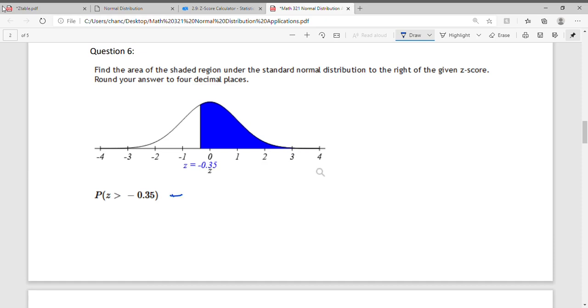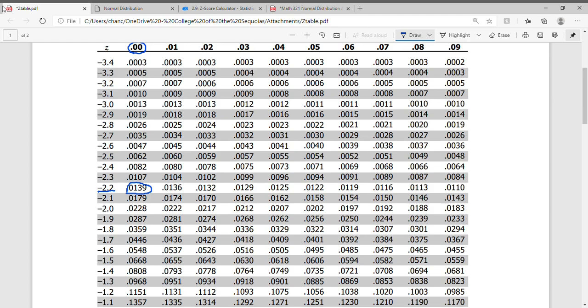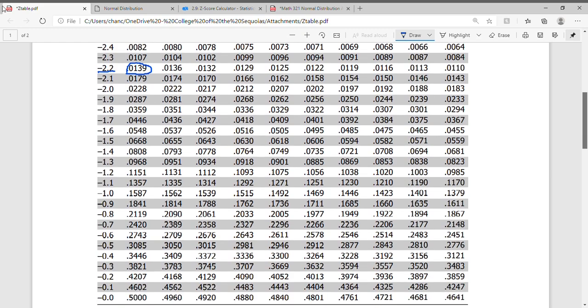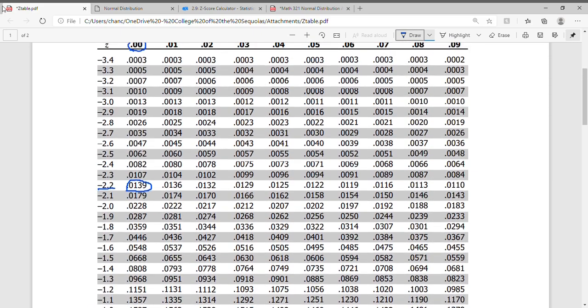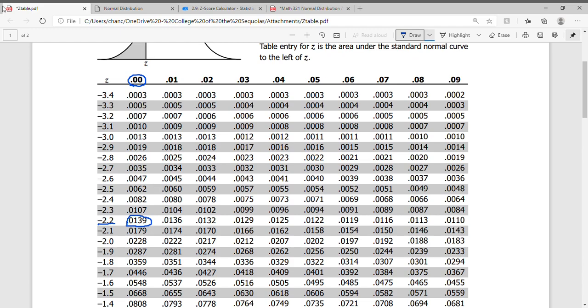For question 6, I want to find the area to the right of negative 0.35. So let's use our z-table again to find this value. I want to find the area to the right of negative 0.35. So we'll look for negative 0.3 first, and then in the column, we're looking for 0.05. So here's 0.05 in the column. And for the row, we'll use negative 0.3.